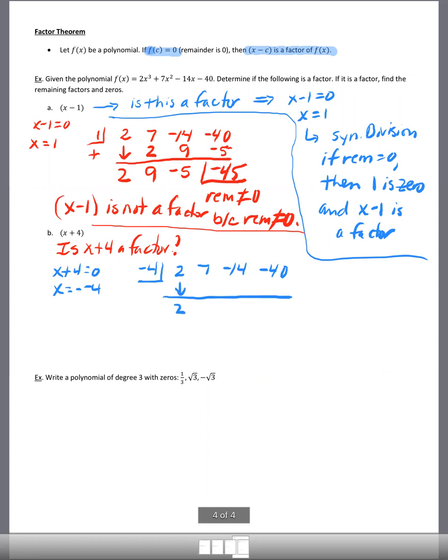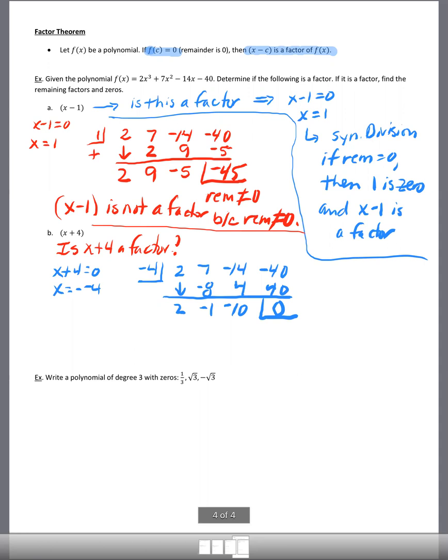Bringing down the 2, negative 4 times 2 is negative 8. Add those together, you get negative 1. Negative 4 times negative 1 is positive 4. If you add those together, you do get negative 10. And negative 4 times negative 10 is positive 40. And check that out, our remainder is now 0.